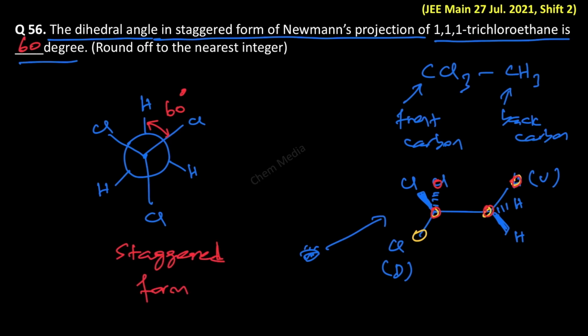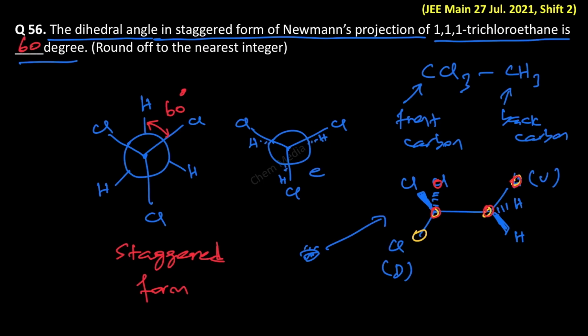If you rotate the carbon-carbon single bond another 60 degrees, then what will happen? Then we would be having the eclipsed conformer, isn't it? The hydrogen will be here, and here the hydrogen will be here, the hydrogen will be here. So it would be eclipsing.